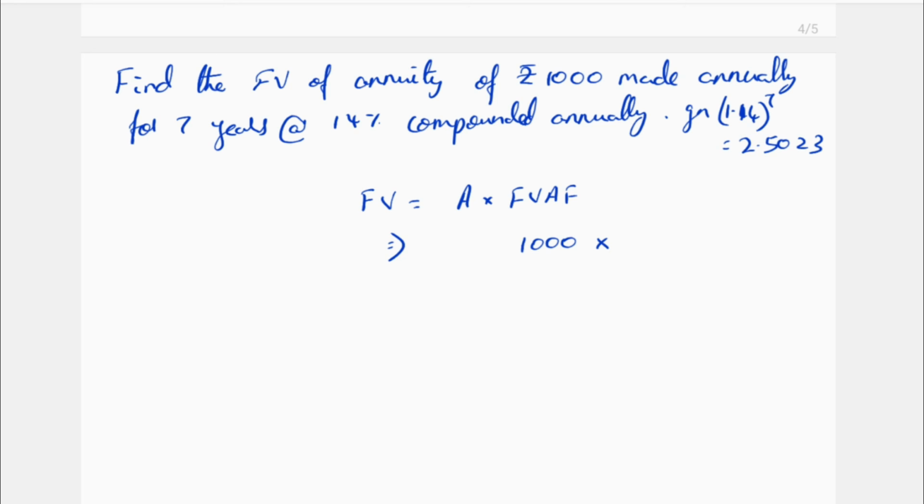You can use your calculator and compute this. 1.14 multiplied by 1, then press equal to 7 times, then press GT. That way also you can calculate, or since they have given 1.14 the whole power 7, FVAF we can calculate using this formula also. FVAF is equal to future value factor minus 1 divided by rate of interest, which gives me 2.5023 minus 1 whole divided by 0.14.